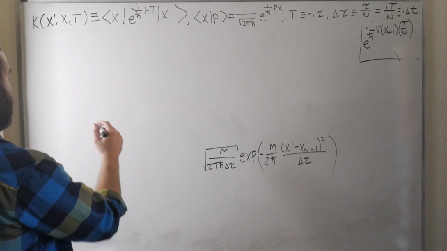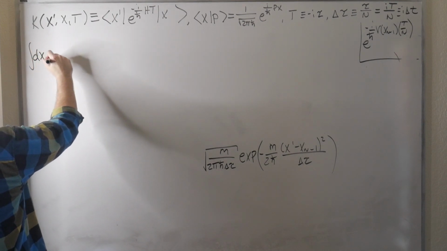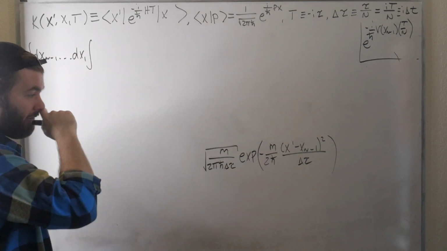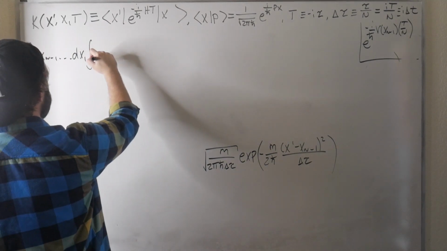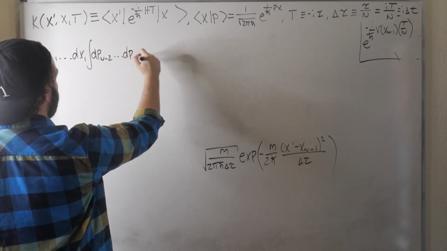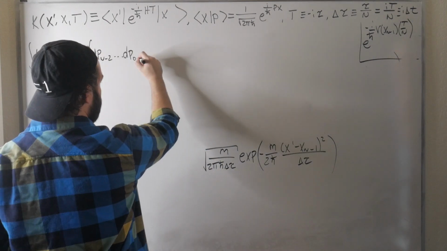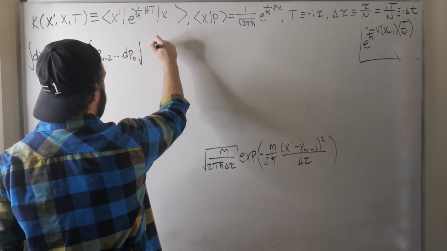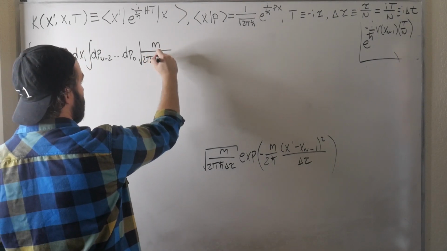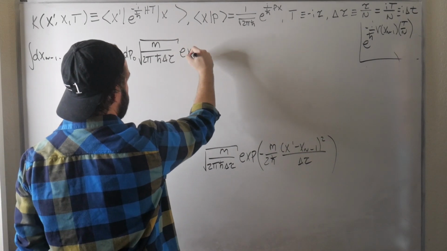So going back to the original integral, we have our dx n minus 1 dot dot dot dx1 integral. Now that we've done this one, we'll start at dp sub n minus 2 dot dot dot dp0, and then we have this term, so we have a root m over 2 pi h bar delta tau, and then our exponential.